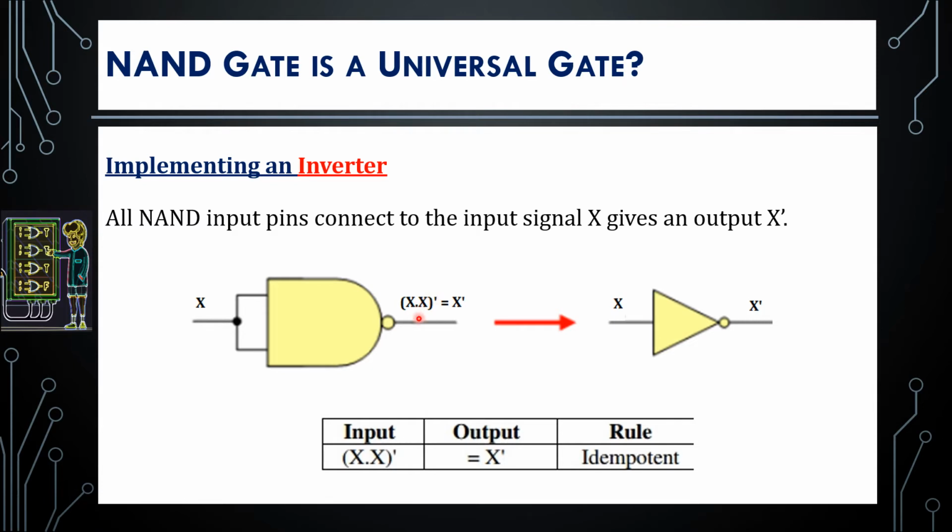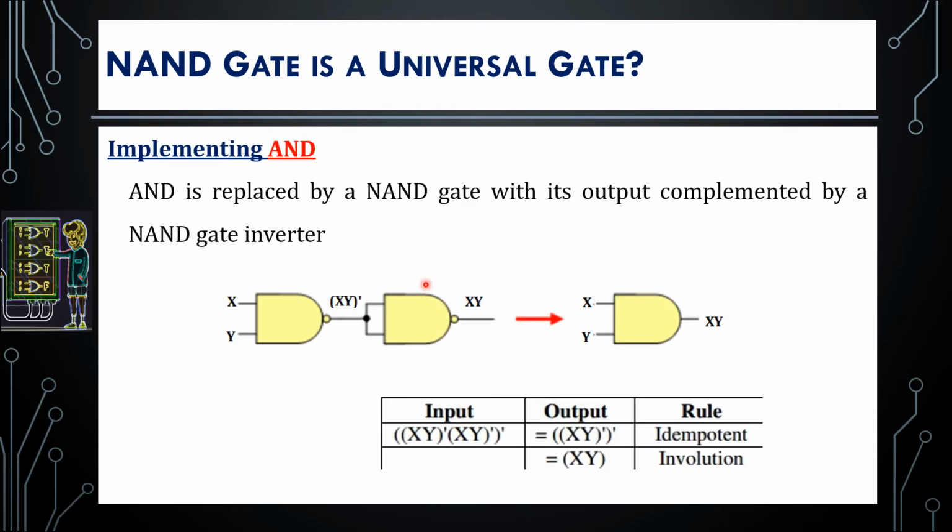According to the idempotent law, X into X is X. So X into X, the whole complement, is nothing but X complement. So we give the input X and get the output X complement, which is equivalent to a NOT gate. So we can implement an inverter with the help of a single NAND gate.